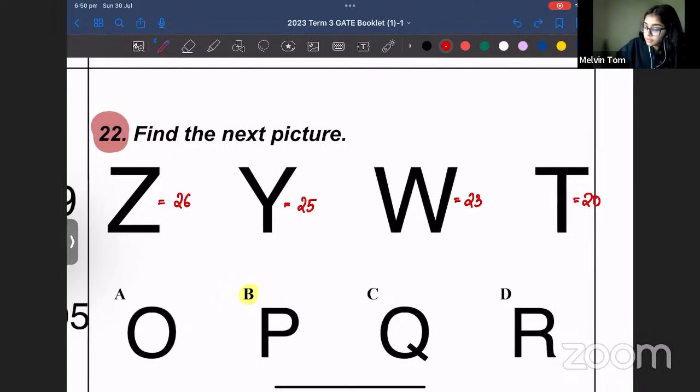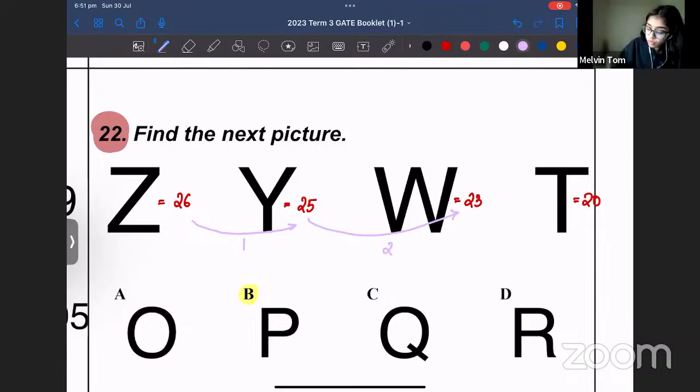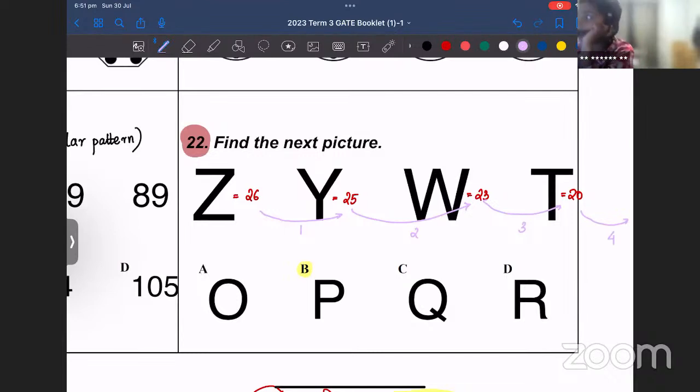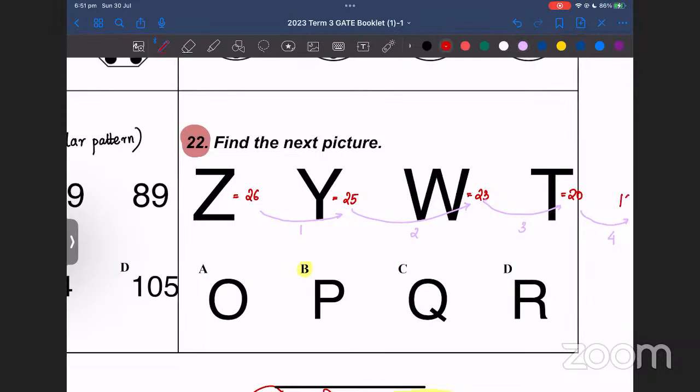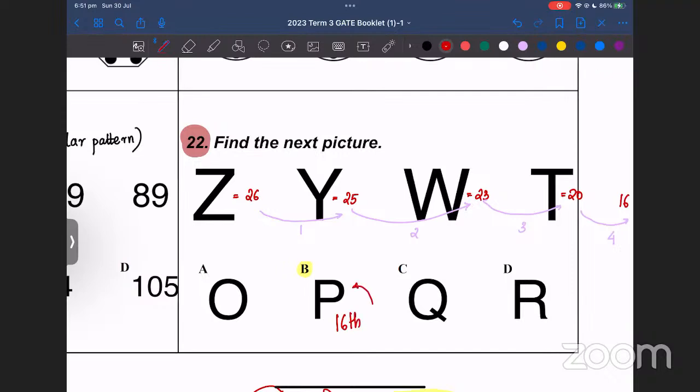Let me use a different color, my favorite color, pink. 26 to 25 is 1, 25 to 23 is 2, and 23 to 20 is 3. You should see a pattern right here: 1, 2, 3. And the next one will be 4. So what is 20 minus 4? 16. And what is the 16th letter of the alphabet? P.